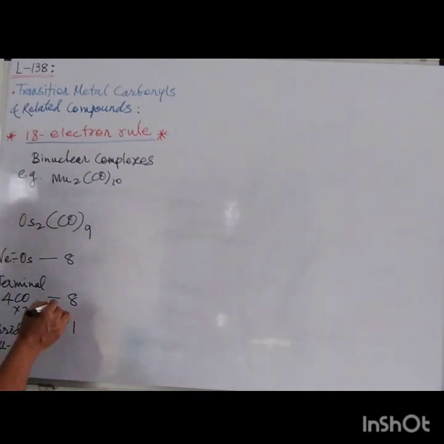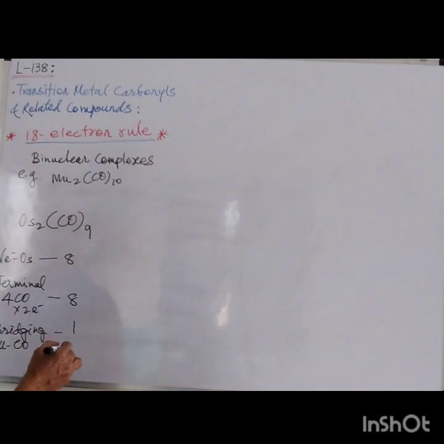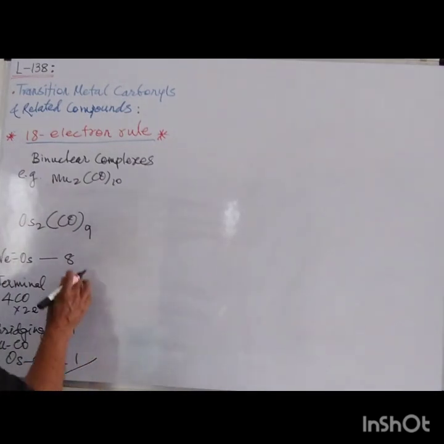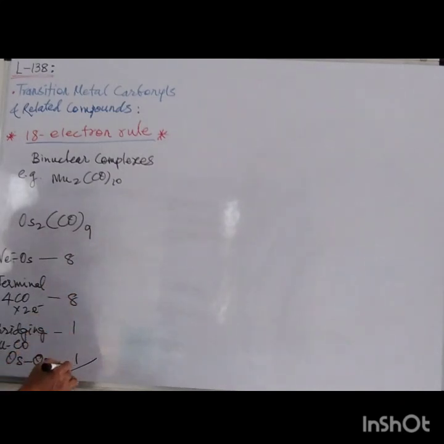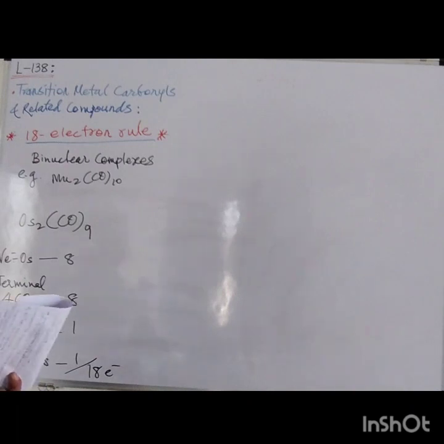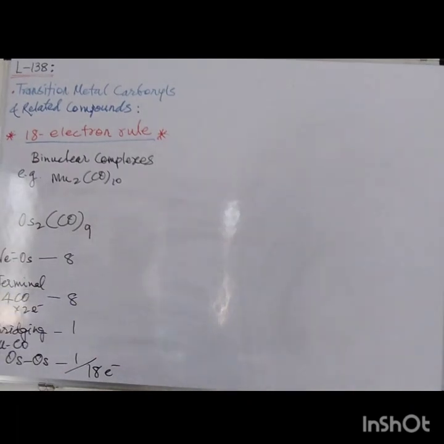And there are 2 metals, so osmium will contribute 1 electron. This will give us 8 plus 8, 16 plus 2, 18 electrons. So in this way, this example also follows the 18 electron rule.